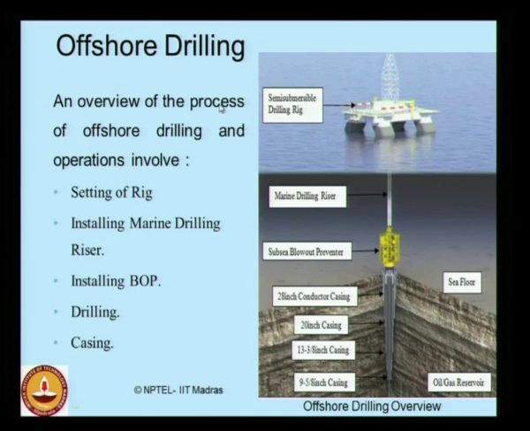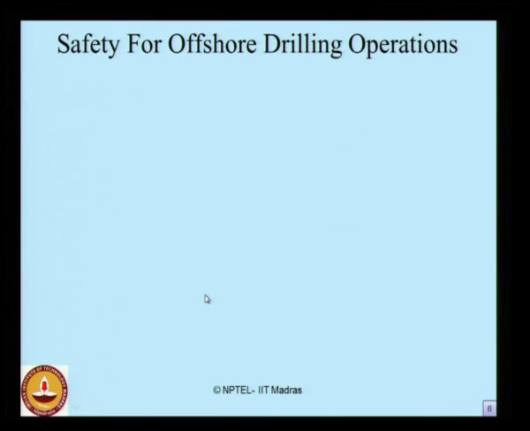The overview of the process of offshore drilling operation involves the following stages. Setting up of the rig is the first process. You then install the marine drilling facility, then install the marine drilling riser, install the blowout preventer, then install the drilling casing and then perform drilling.